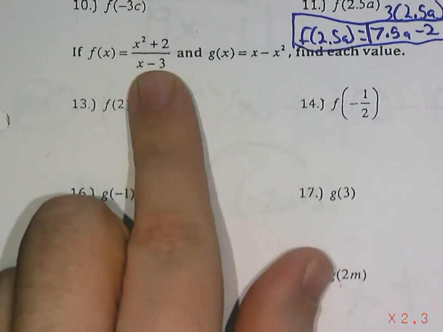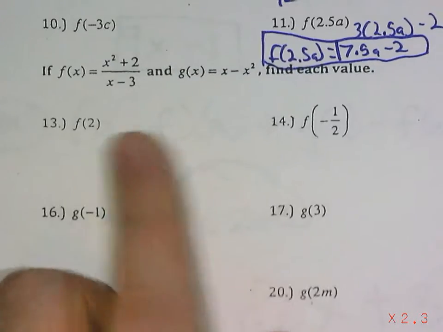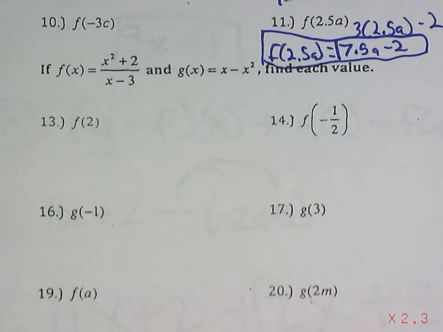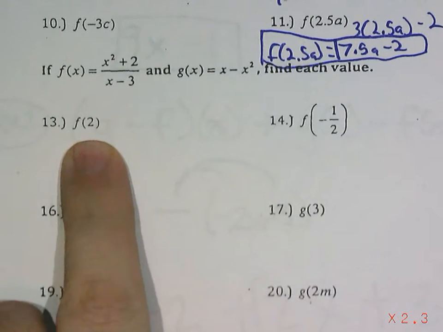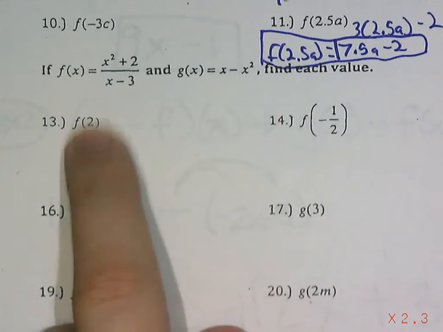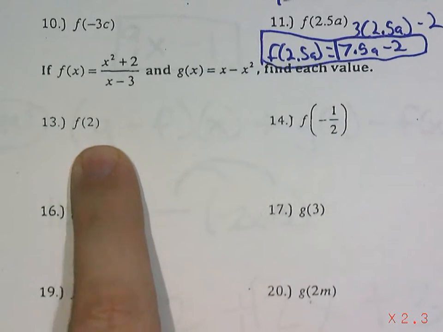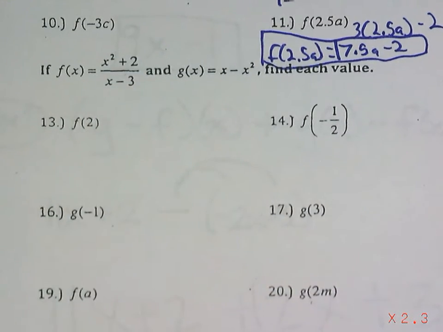Okay, what about this next section here? This next section has two variables and has two functions. It has an f function and a g function. So again, it's wanting you to replace the variable in the functions with whatever input it's describing. So f of 2, I would replace the x's with 2.